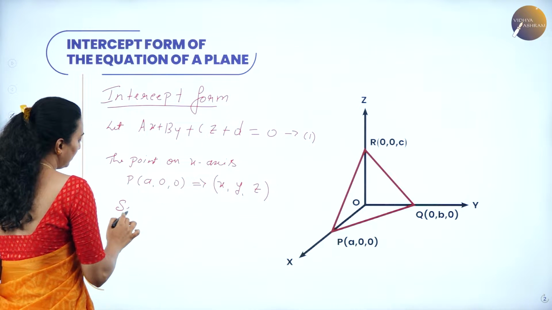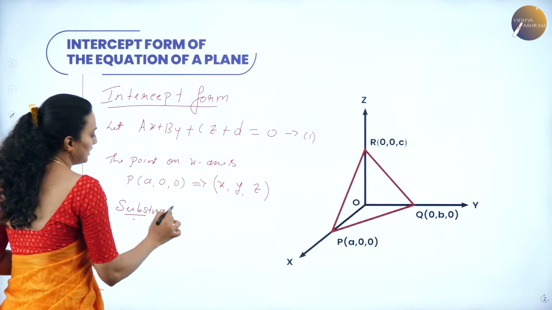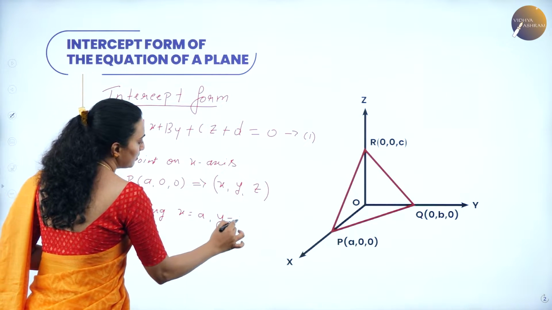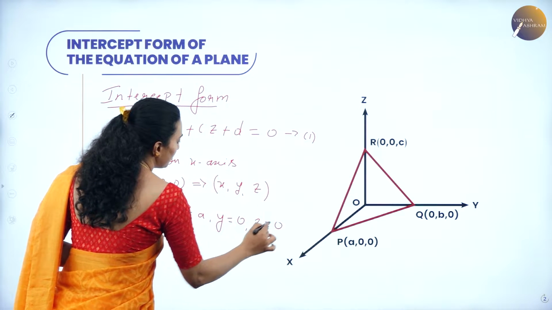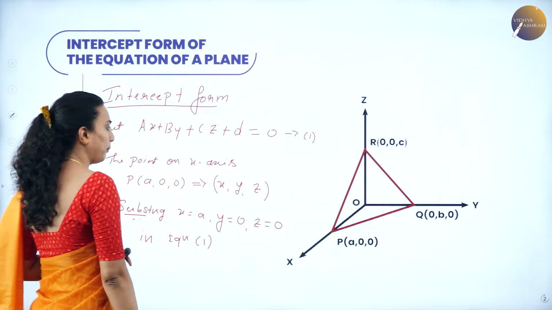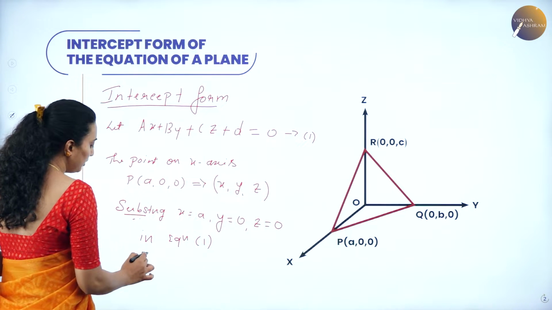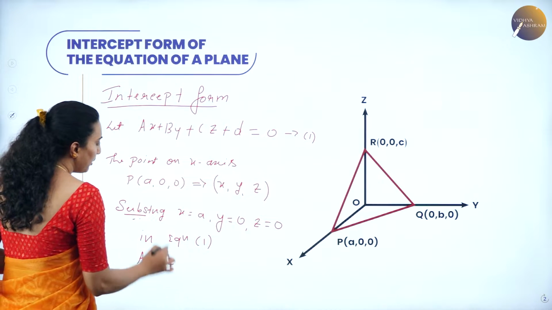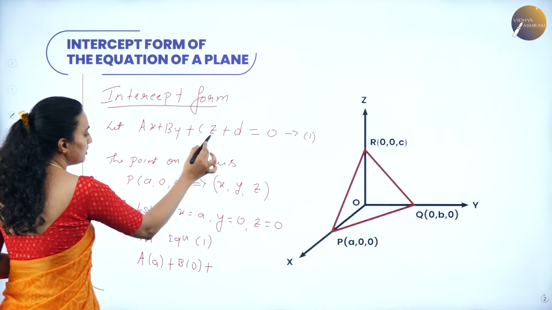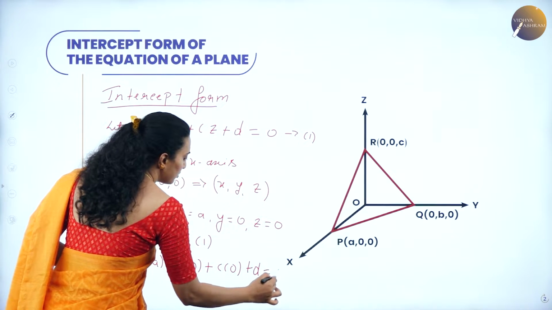So substituting x equal to A, y equal to 0, z equal to 0 in equation 1. So what happens in equation 1? You have a into x value, which is a, plus b into y value, which is 0, plus c into z value, which is also 0, plus d is equal to 0.